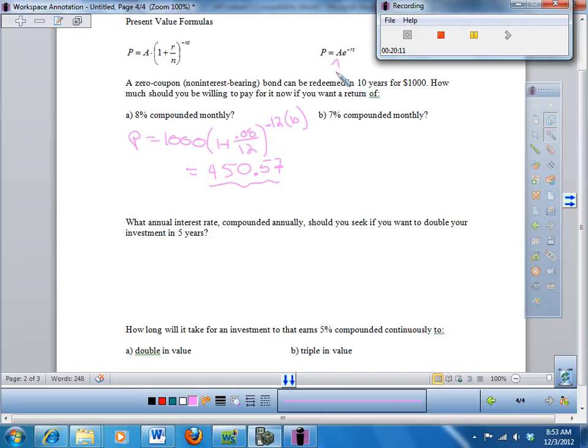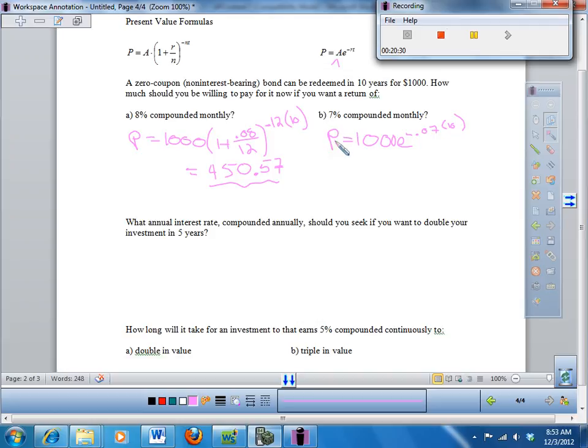So just plugging in what you would do: P equals 1,000 e to the negative 0.07 times 10. And that would tell you how much you paid if it was compounded continuously at 7%. Okay? Get it?